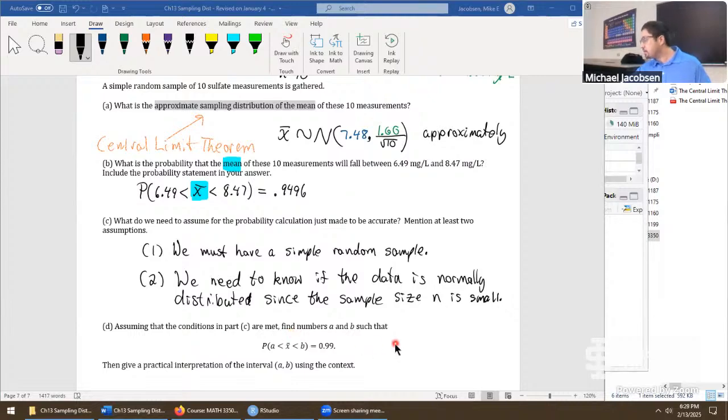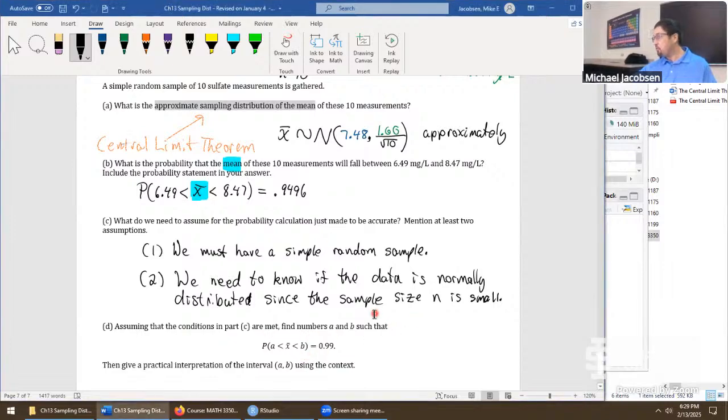Let me take a look. Well, I would say part D really isn't based on part B. Really, the only thing that changed was we didn't have a probability here. We had to actually compute it, but they gave us the values that X bar range from 6.49 to 8.47. So part D switches it all around. It supplies the probability 0.99, and now it's our job to find what values A and B are going to give that probability.